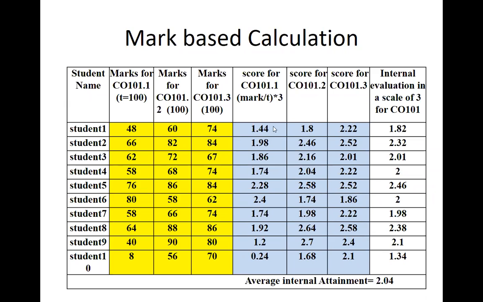So now this will be my internal evaluation in a scale of 3 for course outcome 1, for the entire subject considering the 3 course outcomes. I'm taking the average of this. So this will be the average for CO101 for each student.